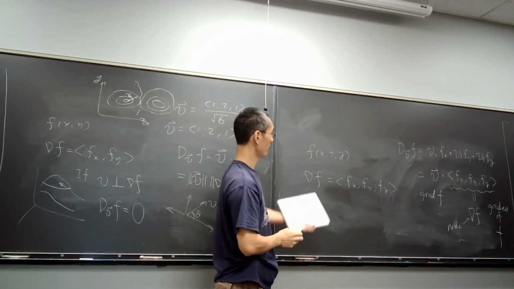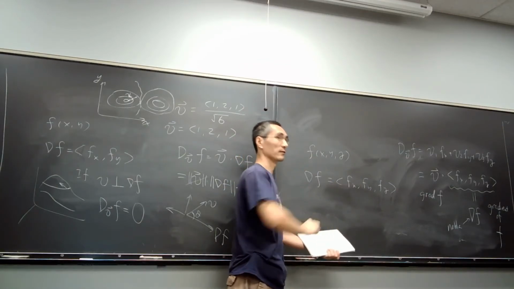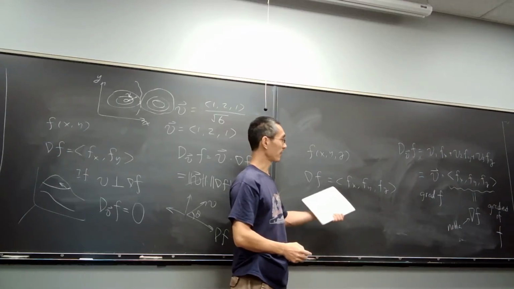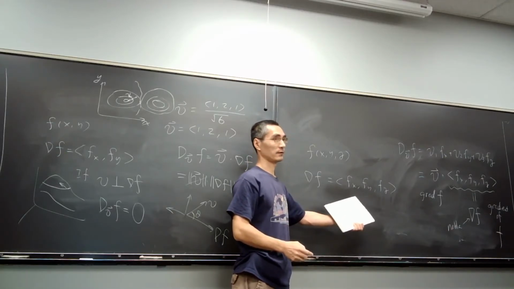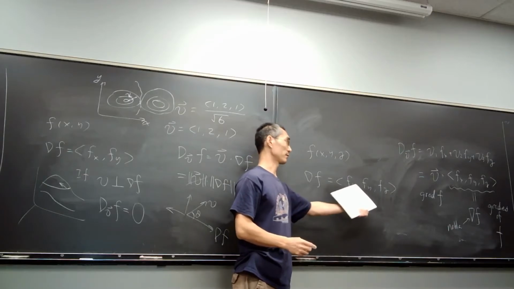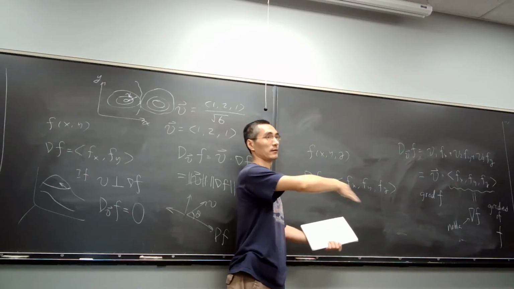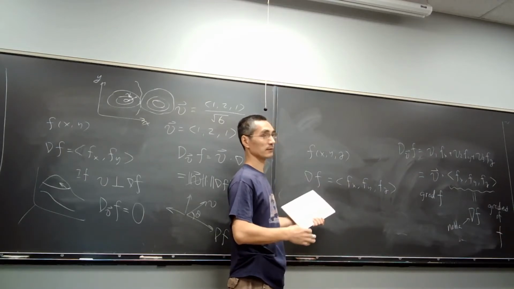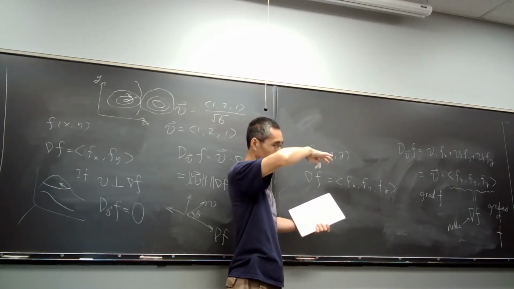If you are moving in the opposite direction, the function will decrease fastest. If you are moving in any direction perpendicular to this, which is not one line because this is in 3D so there's a plane, anywhere in this plane f is constant. So that gives you the contour surface.